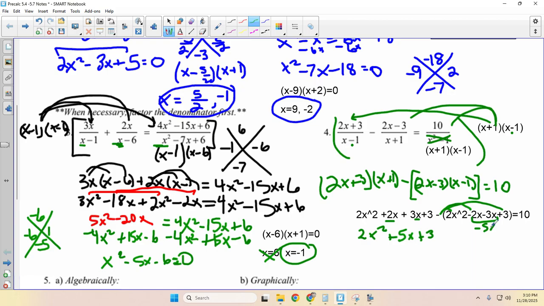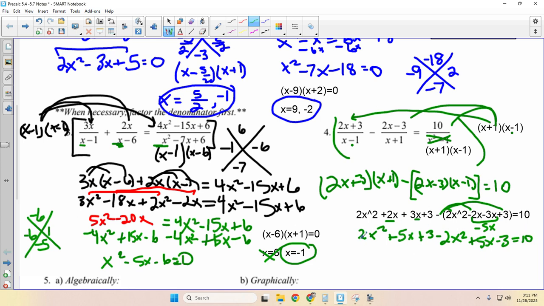And then this negative is going to make everything the opposite. So we got minus 2x squared plus 5x minus 3 equals 10. Now we get some canceling.